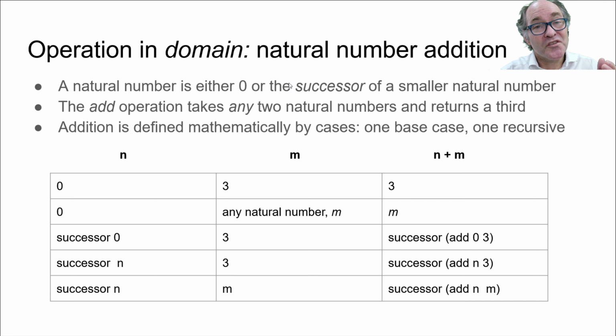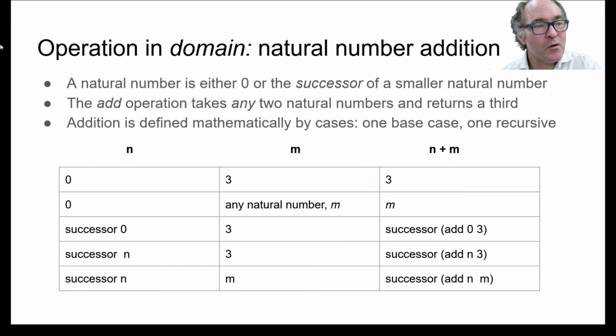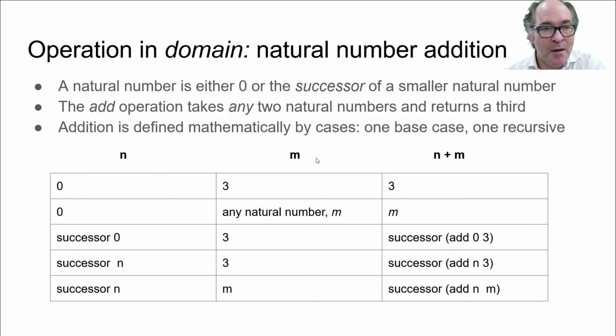It's either 0 or it's the successor of some one smaller natural number. So let's suppose that we want to add n and m. The rows of this table give some different examples. Let's look at the first row. Suppose I want to add 0 and 3. That's pretty easy. The answer is 3.